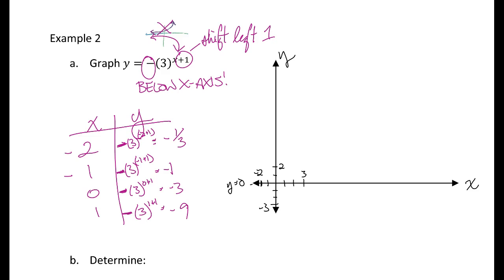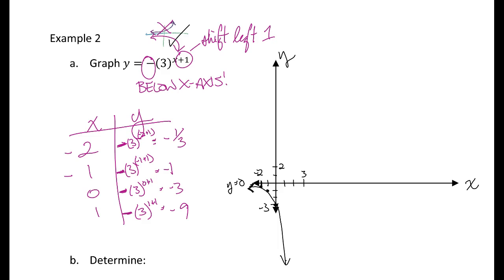So when I graph this, -2 and a third, -1 and -1, 0 and -3, and by the time I get over here, I'm way down below my graph. So again, these axes are not really conducive to this example, so I apologize for that. Okay, but that would be the general shape of my graph.